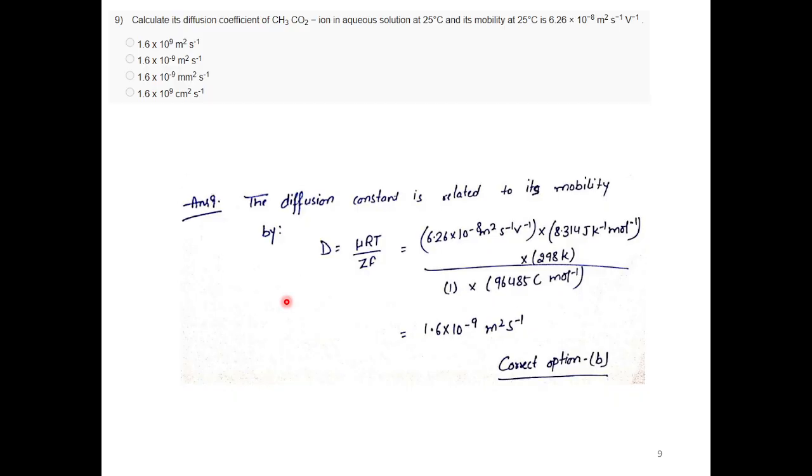Mu RT by z, where z is the charge and F is the Faraday, and it is coming around 1.6 into 10 to the minus 9 meter square per second. So here, as you know, this meter square per second is basically giving this mobility kind of thing, and from there you are getting the correct option B, that is 1.6 into 10 to the minus 9 meter square per second.